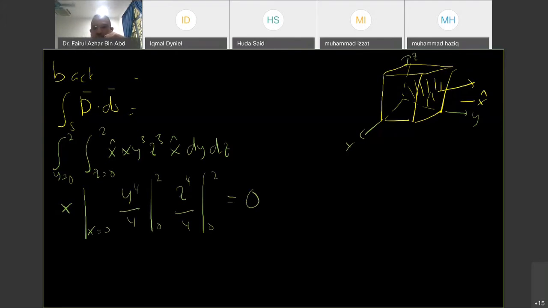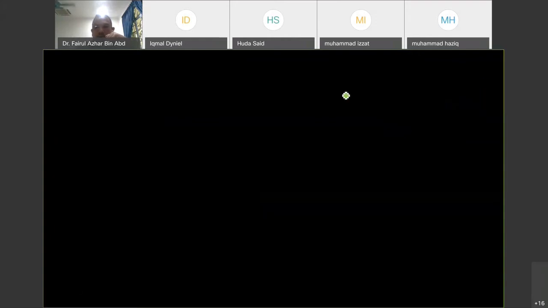Then we need to perform this, for example, on the right side here. So this is z, x and y.